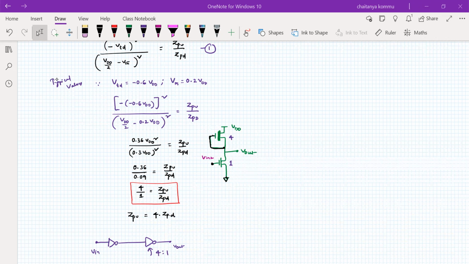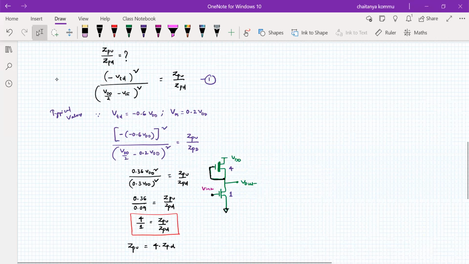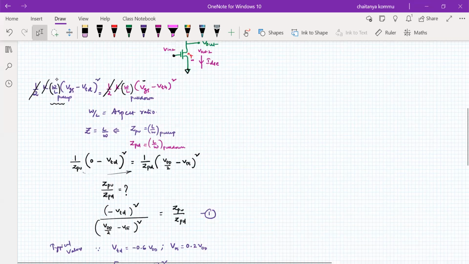Is it clear to all of you? It is very simple. No need to memorize, no need to do anything. Just understand the concept.